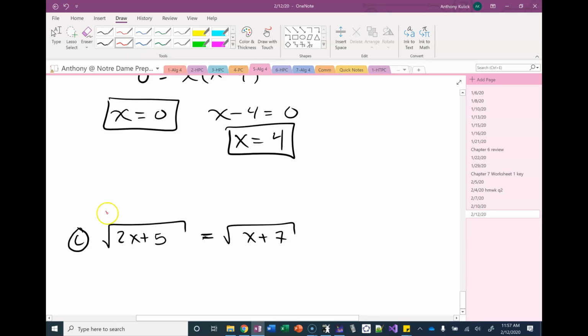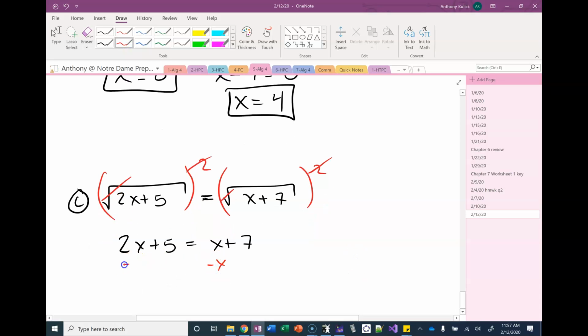I would square both sides. And that's nice because the squares are just going to cancel the square roots. And what I'm left with is a super easy problem, right?